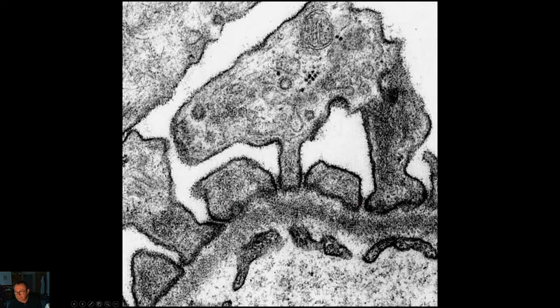And high magnification of the same, and I hope you now can recognize that the capillary lumen is here down. This is a lateral process of an endothelial cell which is perforated by pores. So the molecule goes through the pore, then it goes through the complex of all layers of fused basal laminae, through the filtration slit where is the diaphragm, and it is in the urinary space.